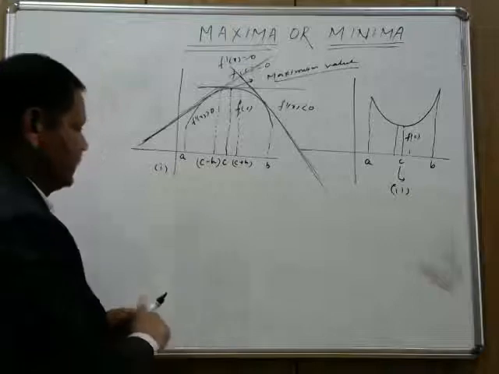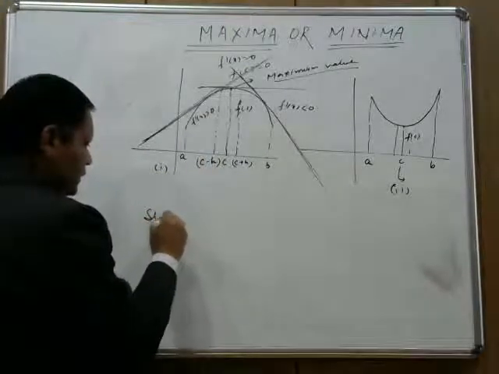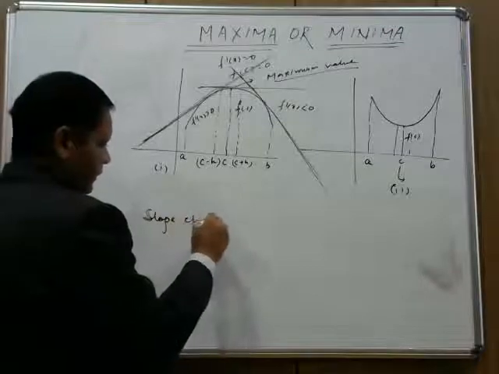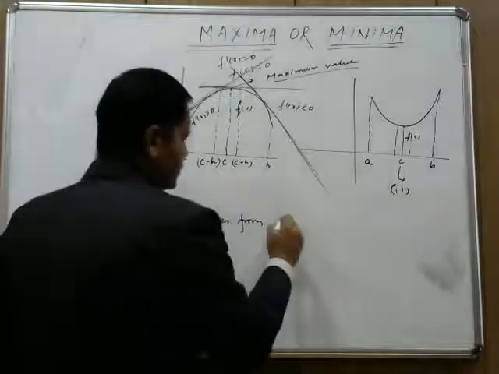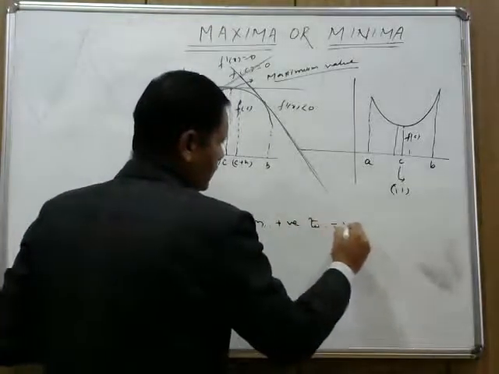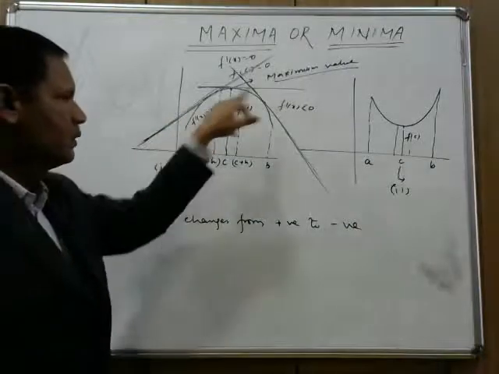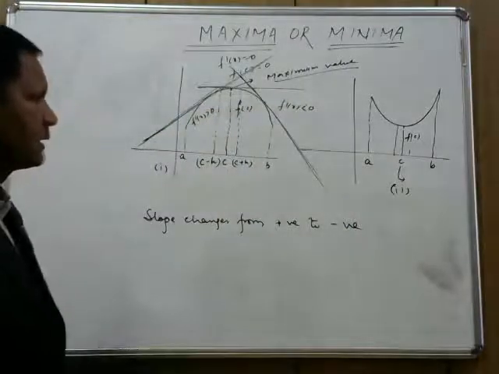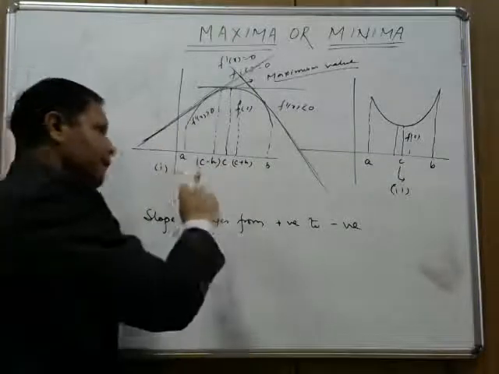That means when the slope changes from positive to negative, then at this point C it attains the maximum value.